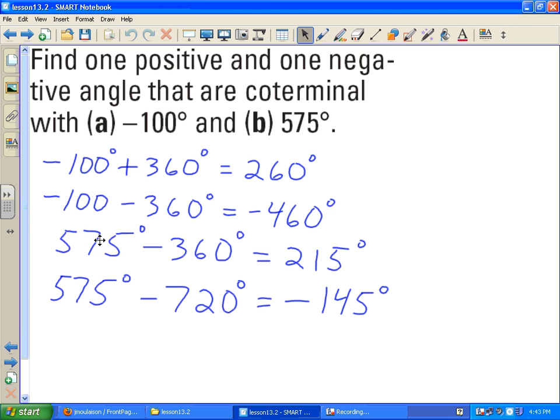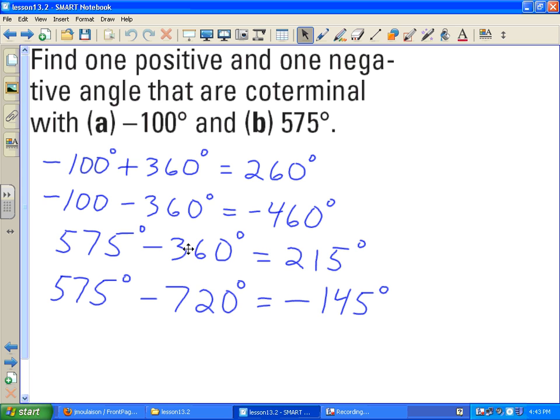For 575 degrees, if I subtract 360 from 575, that'll still be a positive value. So by subtracting 360, I can get a coterminal angle, 215, that's coterminal with 575. In order to get a negative angle that's coterminal with 575, I'll have to subtract a greater multiple of 360.